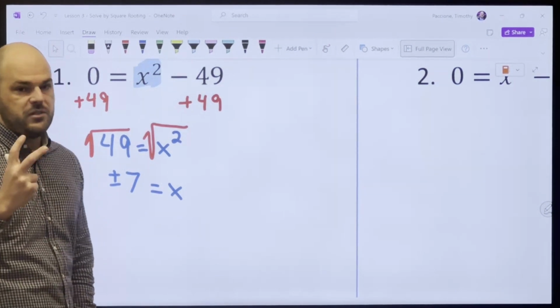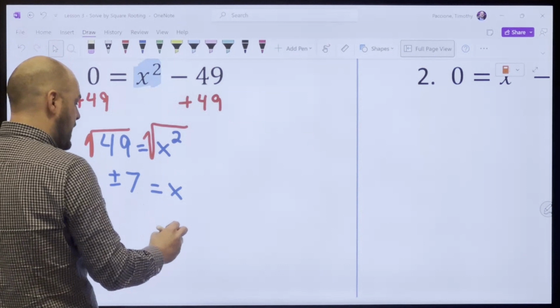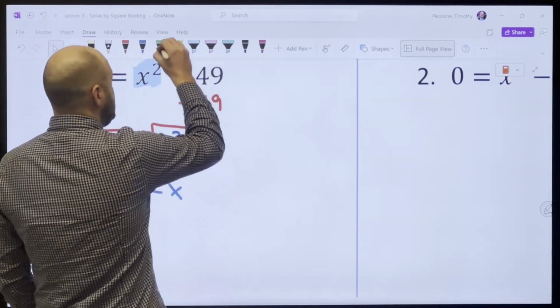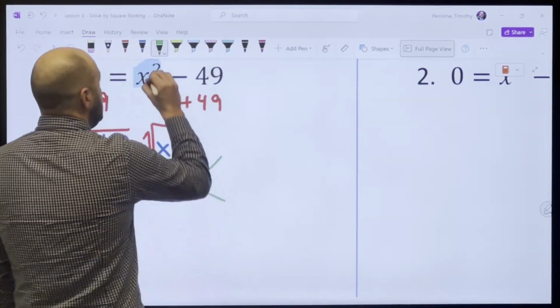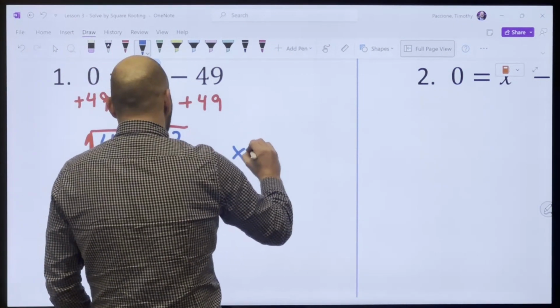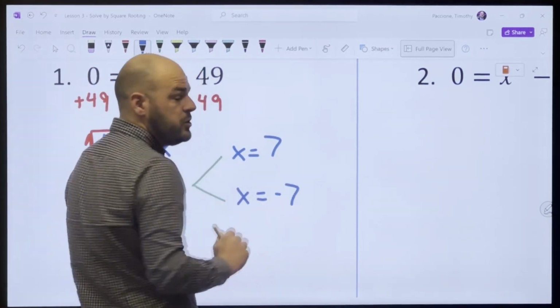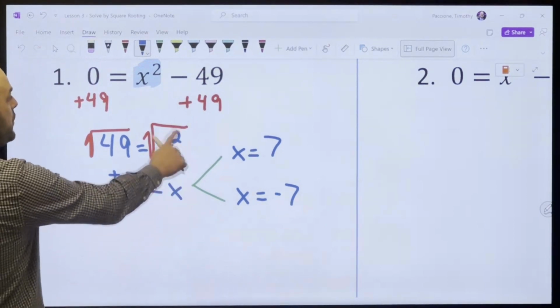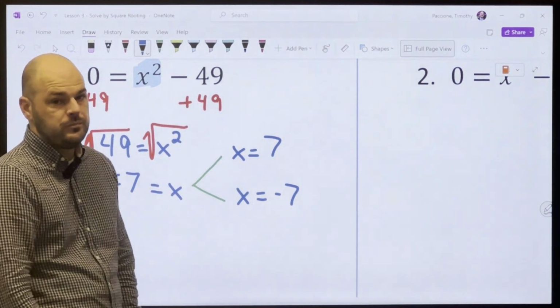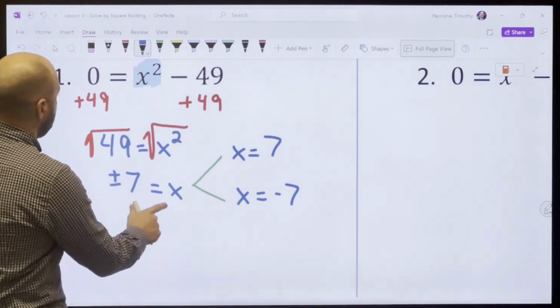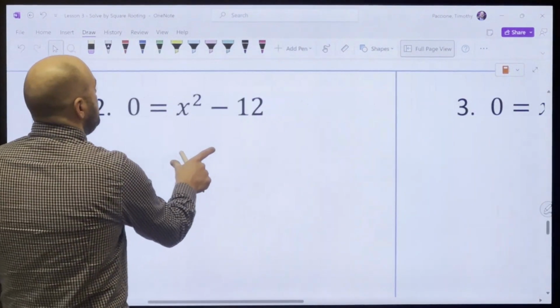So plus or minus 7 is fine to write. But you got to make sure that you understand what this is saying is x equals 7 and x equals negative 7. There are 2 solutions here, right? Both of those would make the equation true. All right? That's example 1. All right, example 2.